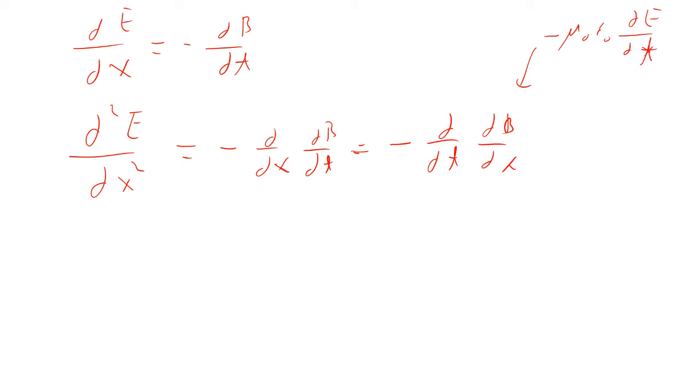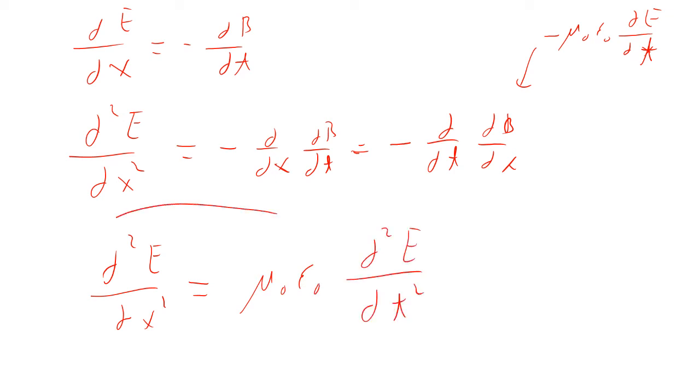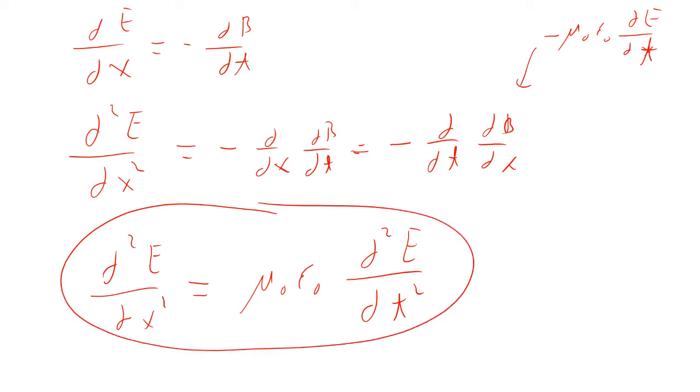So if I plug that in, we have the second derivative of e with respect to x squared equals mu naught epsilon naught second derivative of e with respect to time squared. Okay, so well, that's interesting. This second derivative here is proportional to that second derivative, and the proportionality is mu naught epsilon naught.